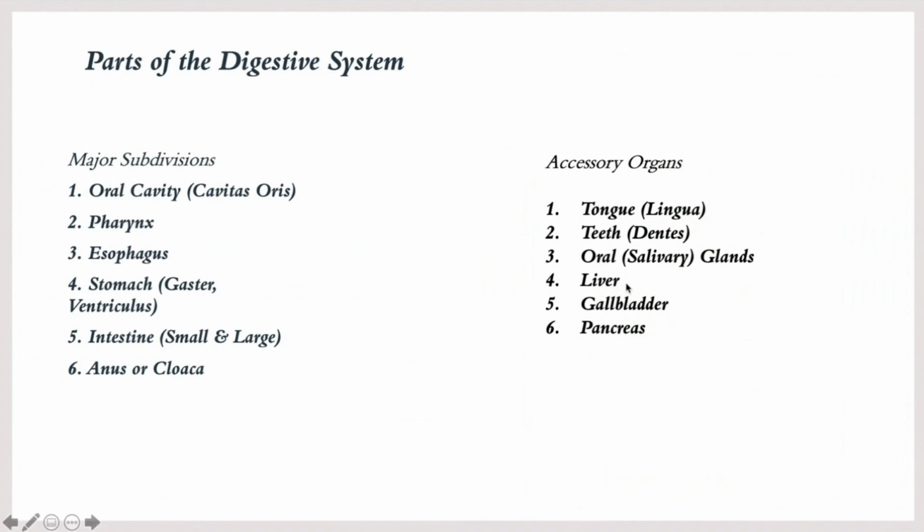Our liver, which also contributes to breaking down the foods a bit more. The gallbladder, the same, and the pancreas, which releases hormones, for example insulin, which is going to control the glucose levels within our blood.